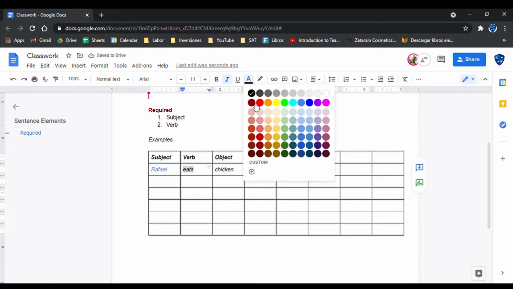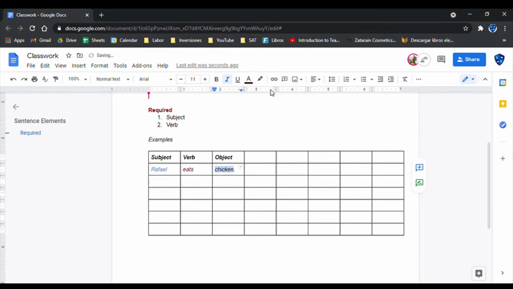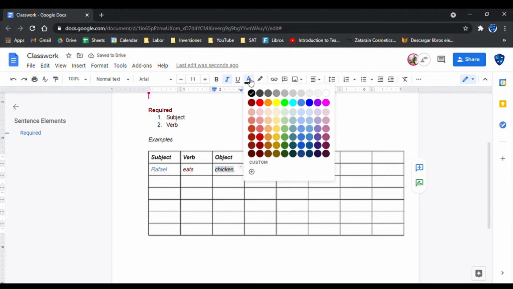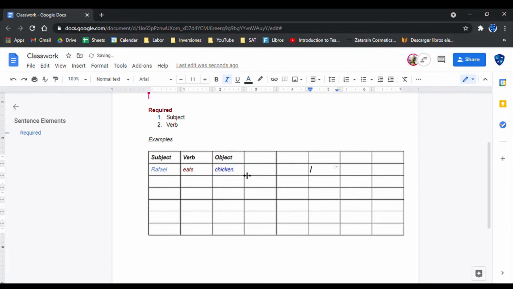Eats is the verb. Chicken is the object because chicken is receiving the action of eating. Okay. We're gonna change the colors, I promise. Just the ones that are kind of bad. You see, so we have a sentence, a correct full English sentence.